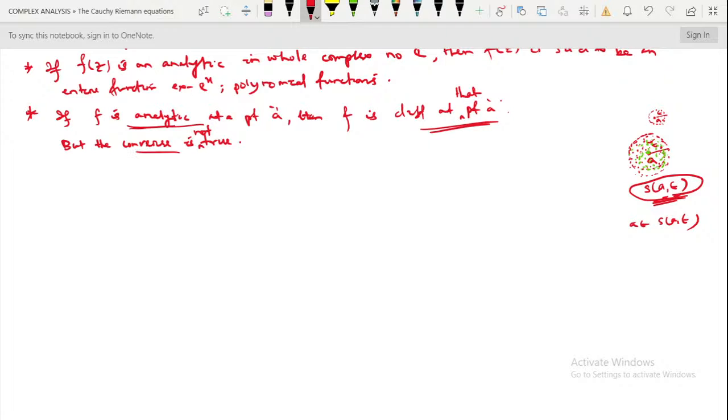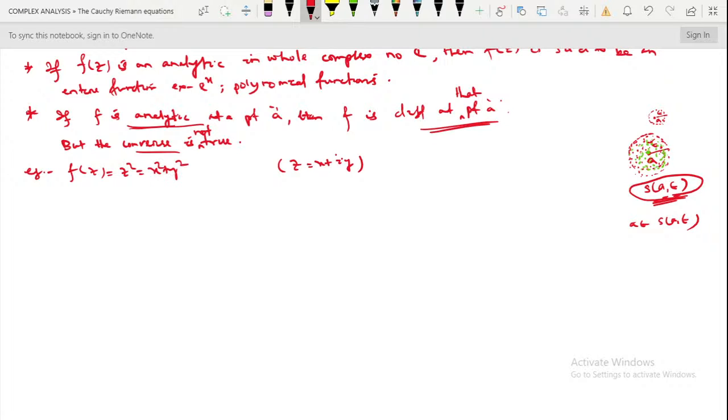So for example, suppose I take f of z equal to z square, and you know z means x plus iy. So this is x square plus y square.